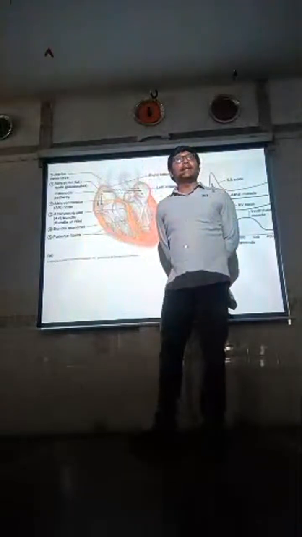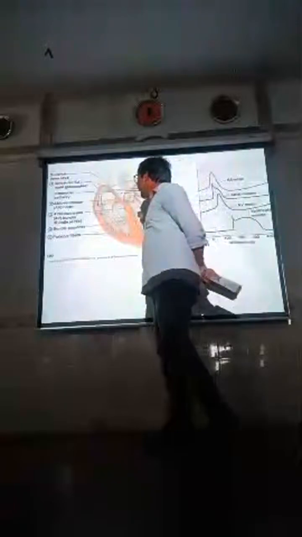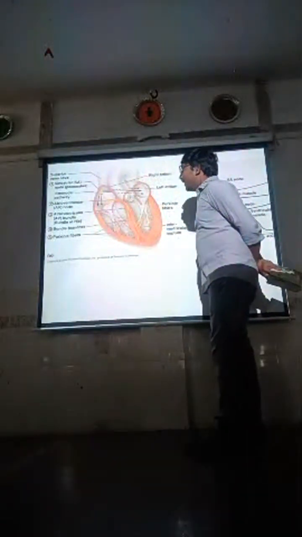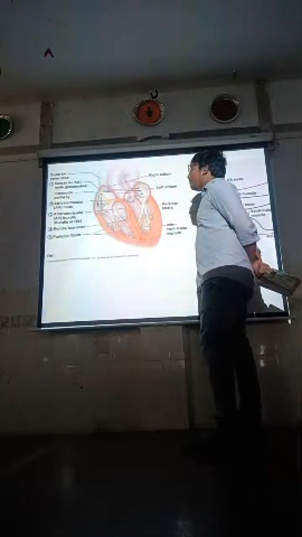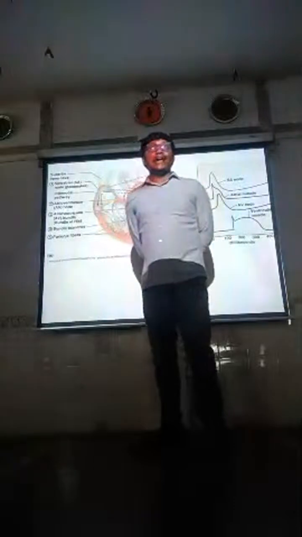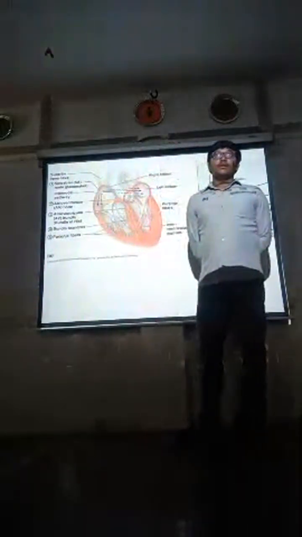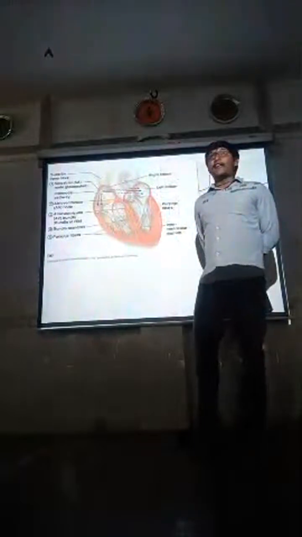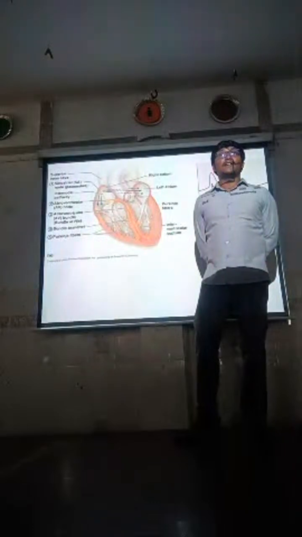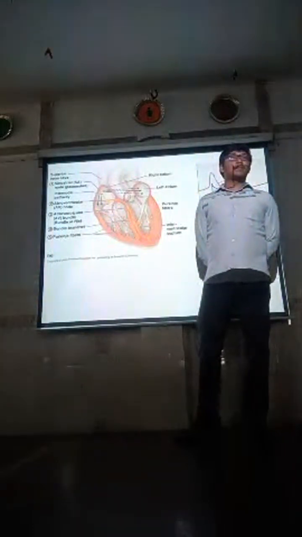From the atrioventricular node, it goes to the bundle of His, which is divided into the left bundle and right bundle. These are further divided into special structures called Purkinje fibers.